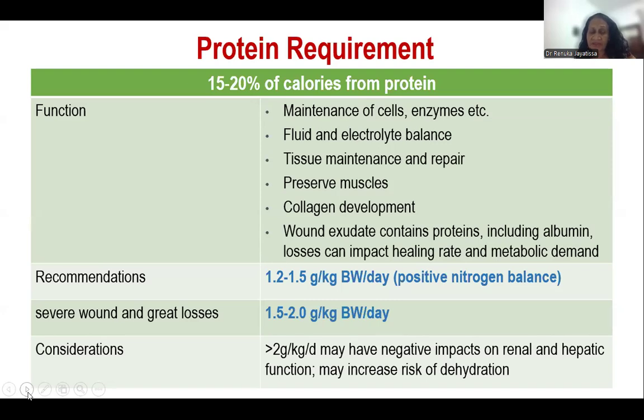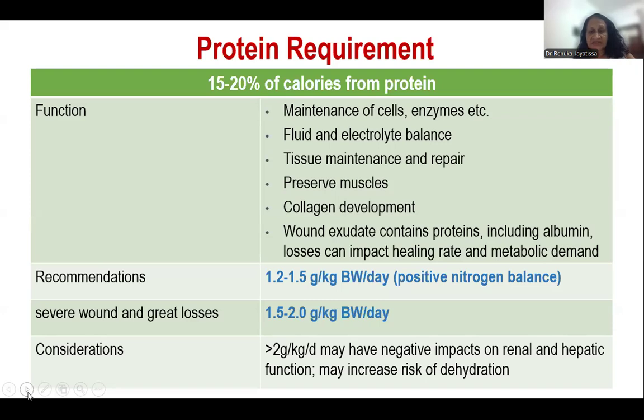But if they have a severe wound and great losses through the exudate, then you have to really increase it, like in burn patients. So you have to increase it to more than that. It is 1.5 to 2 gram per kilogram of body weight per day. But usually we don't go beyond 2 grams.